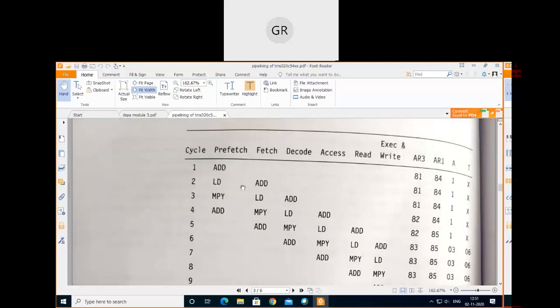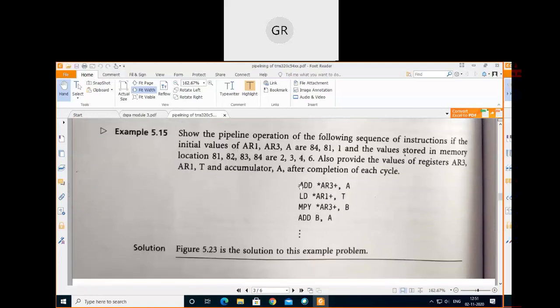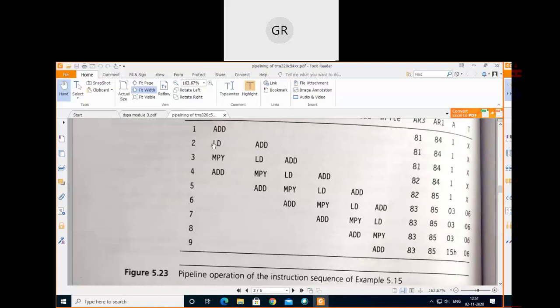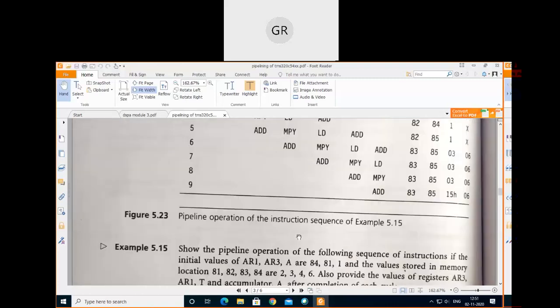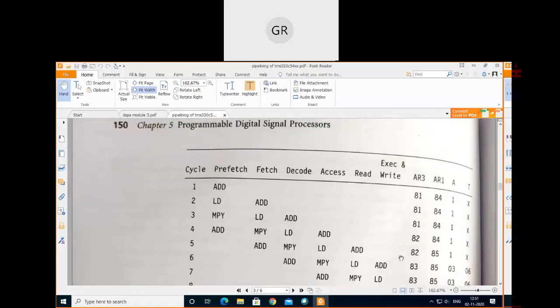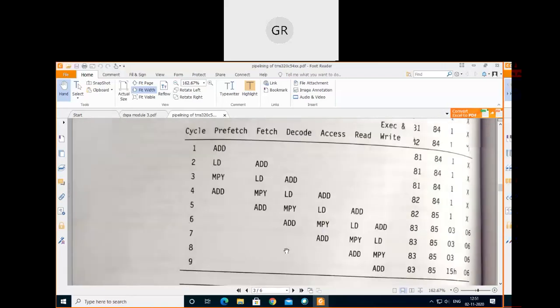See here. First ADD, okay, then LD instruction, next MPY instruction, then ADD instruction. See.